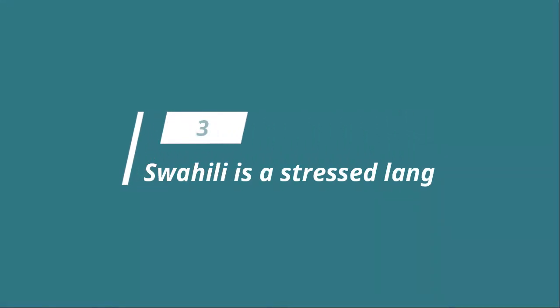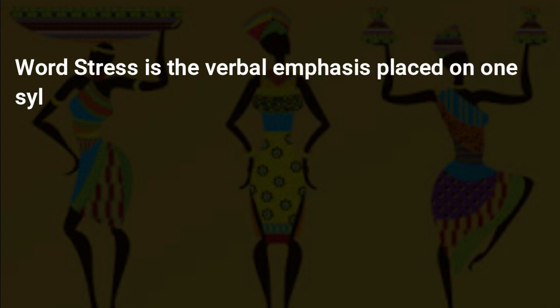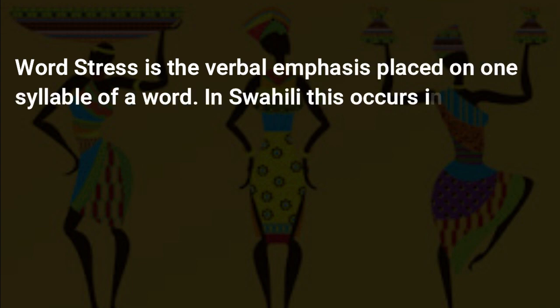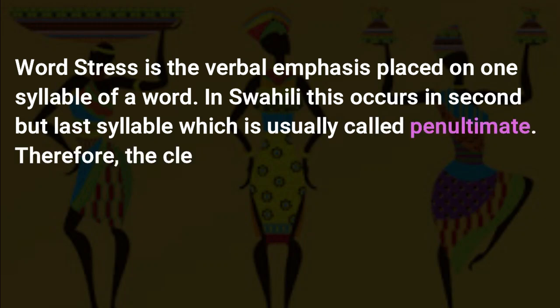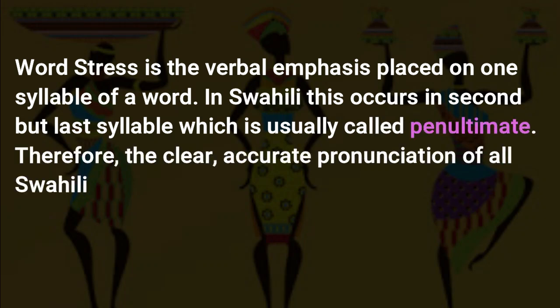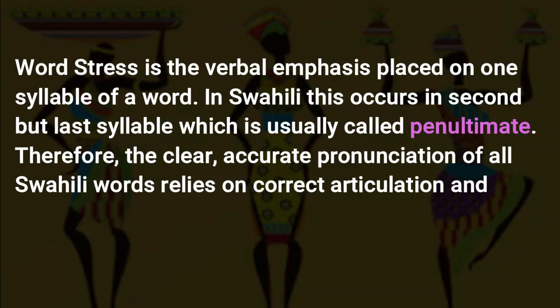The third characteristic is that Swahili is a stressed language. Word stress is a verbal emphasis placed on one syllable of a word. In Swahili, this occurs in second but last syllable, which is usually called penultimate.